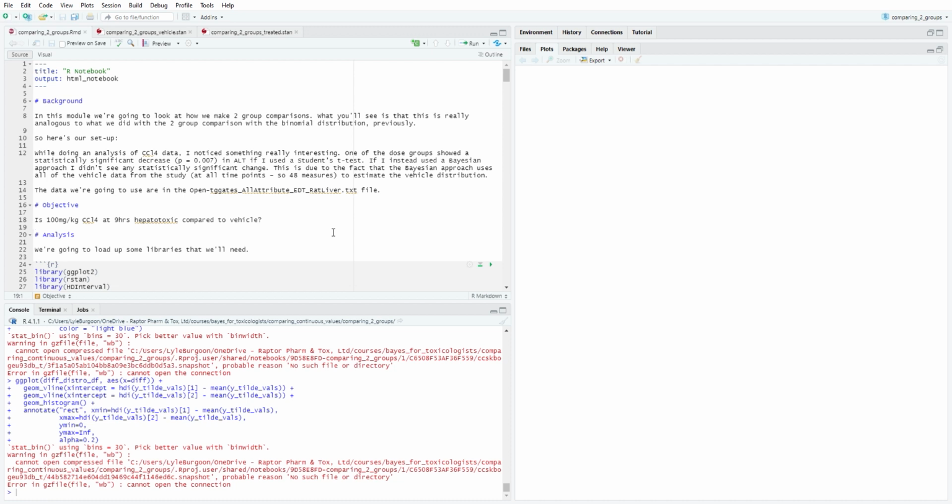So what's the setup here? We're doing an analysis of carbon tetrachloride data. I believe this is rat data. Rats were exposed to carbon tet for a certain period of time. And if I performed the analysis I'm about to show you with a t-test, the p-value could be really significant, but you're going to see that what it suggests is that the carbon tetrachloride is hepatoprotective.